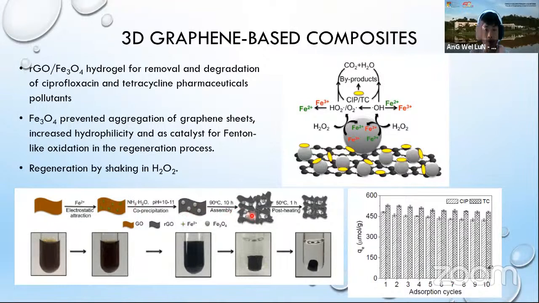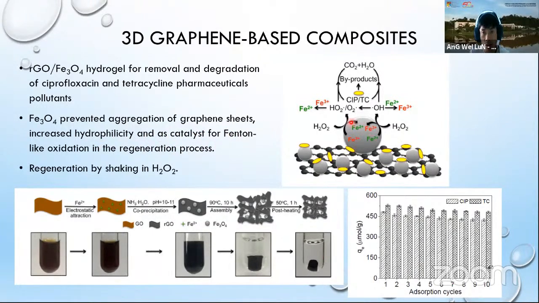So it will prevent the layers from stacking together. This is good because it will provide more surface area and active sites for the removal of pollutants, increase hydrophilicity, and act as a catalyst for Fenton-like oxidation in the regeneration process.